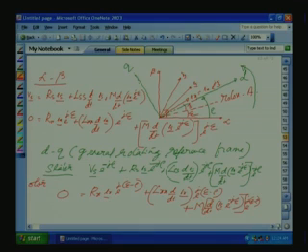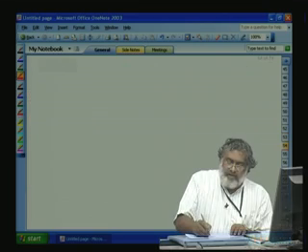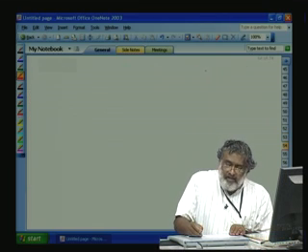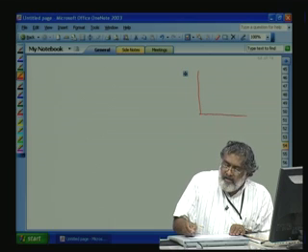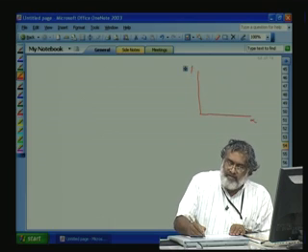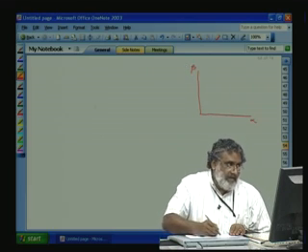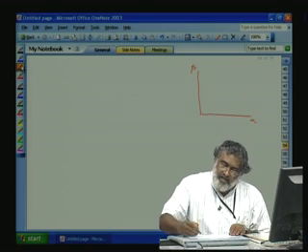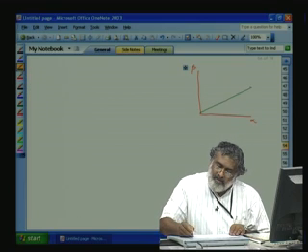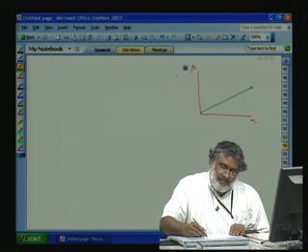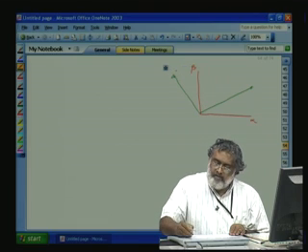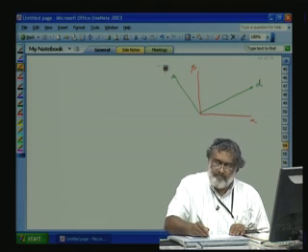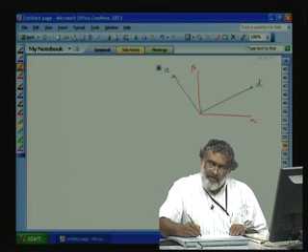See, let us go to the next page. Let us draw again for clarity our alpha beta axis, and here is our dq, general rotating axis. Suppose Vs is here.